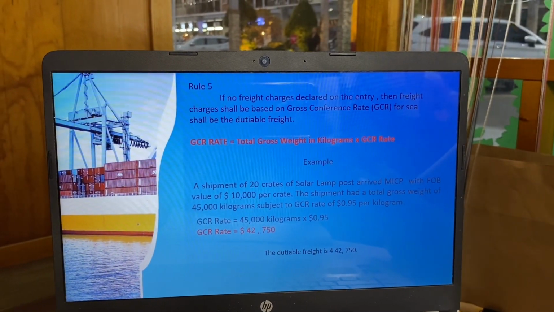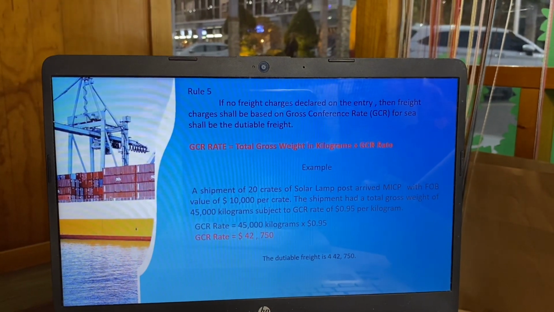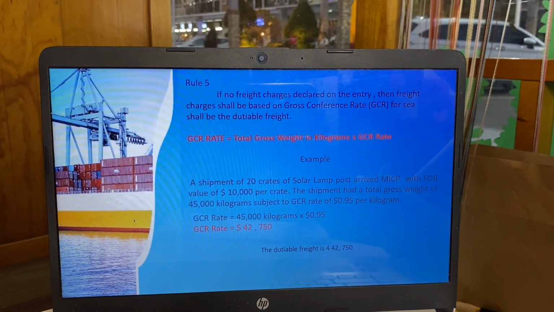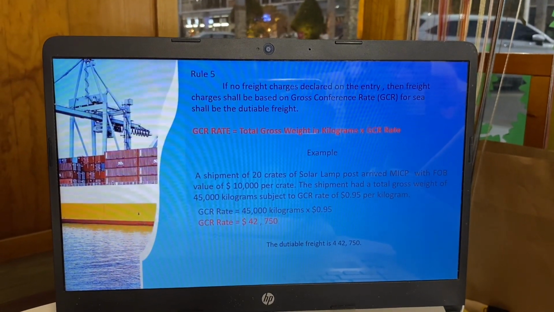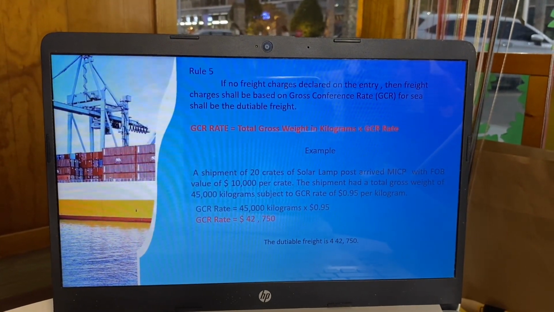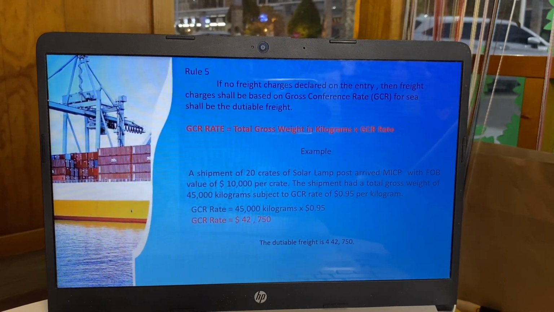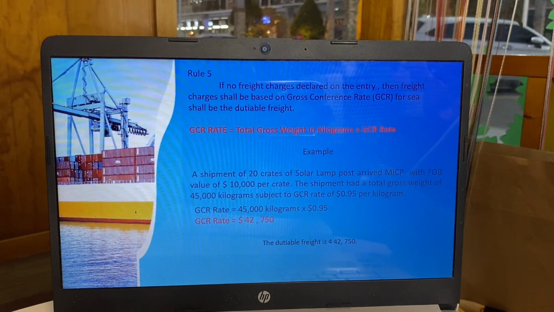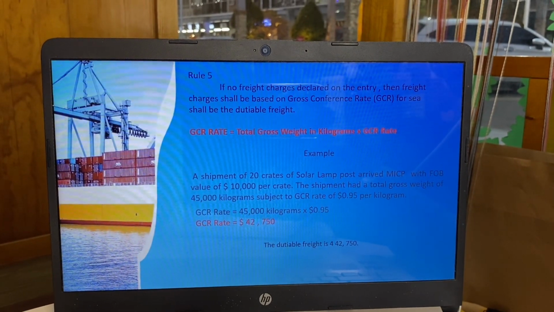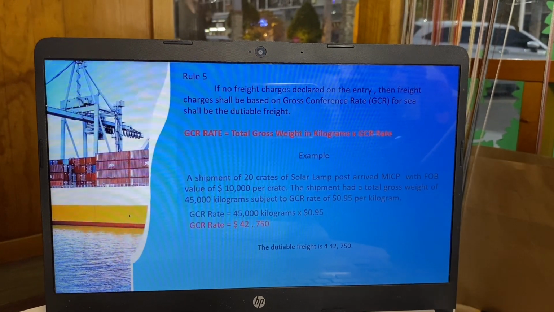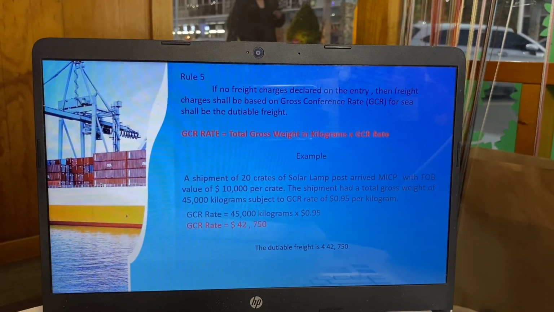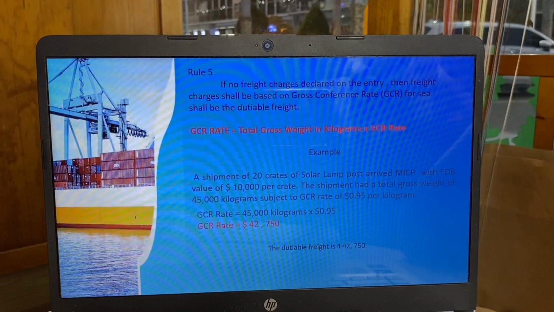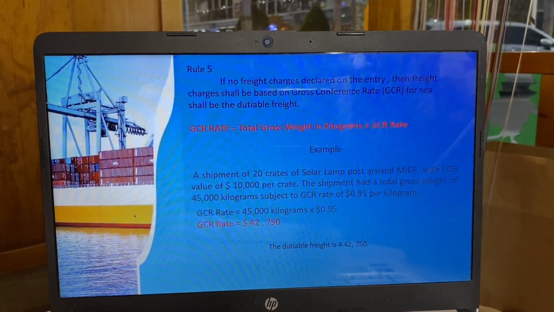So example number 4, a shipment of 20 crates of solar lamppost arrived at MHCP with FOB value of 10,000 per crate. The shipment had a total gross weight of 45,000 kilograms subject to the GCR rate of 95 cents US dollar per kilogram. So our formula for rule number 5 would be the total gross weight in kilograms times its GCR rate.